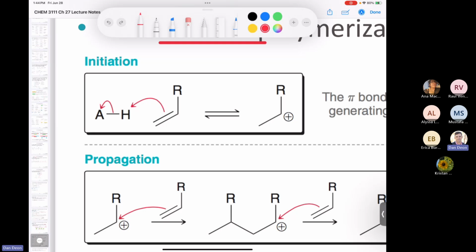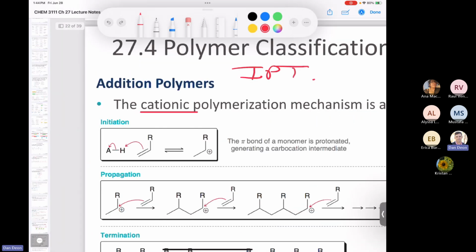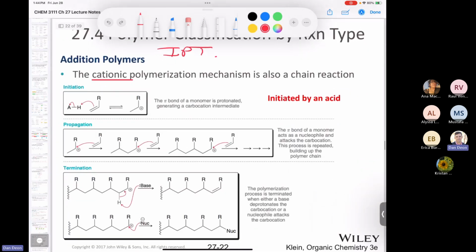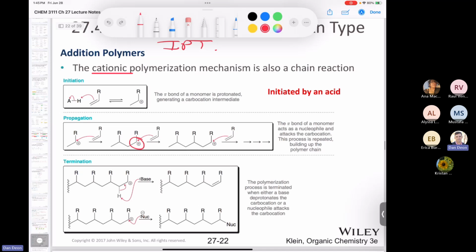And what's going to happen with that carbocation is that it's going to react with another monomer like this. So now the monomer, the pi bond, is going to act as a nucleophile. It's going to attack the carbocation, but now you make a new carbocation, and it keeps going and going and going. It says here, the pi bond of the monomer acts as a nucleophile. It attacks the carbocation, and it keeps building up the chain. So then how do you terminate the whole thing?